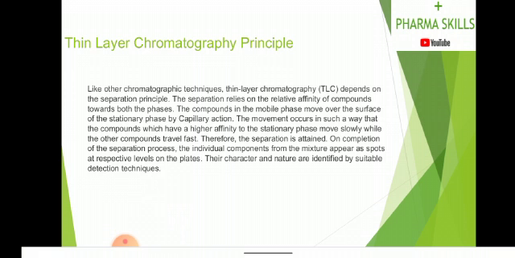Therefore the separation is attained. On completion of the separation process, the individual components from a mixture appear as spots at their respective levels on the plates. Their character and nature are identified by suitable detection techniques. Now we are using different techniques to detect the spots.